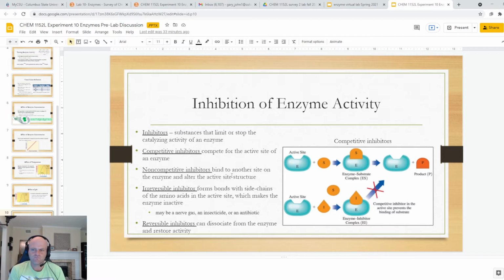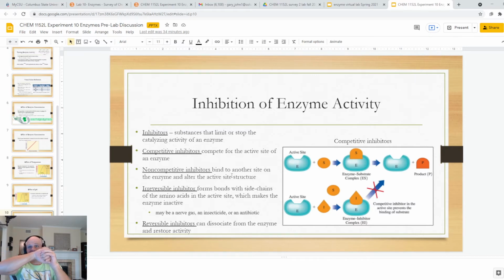An irreversible inhibitor. So let's go back to carbon monoxide. I want to say that's an irreversible one. So what it does is it will hook up to that lock portion of the enzyme and change the inner layout of the lock. Essentially, it's like filling little spots inside the lock mechanism. Now my key would no longer fit, and not only that, but I can't get the carbon monoxide away from the enzyme.